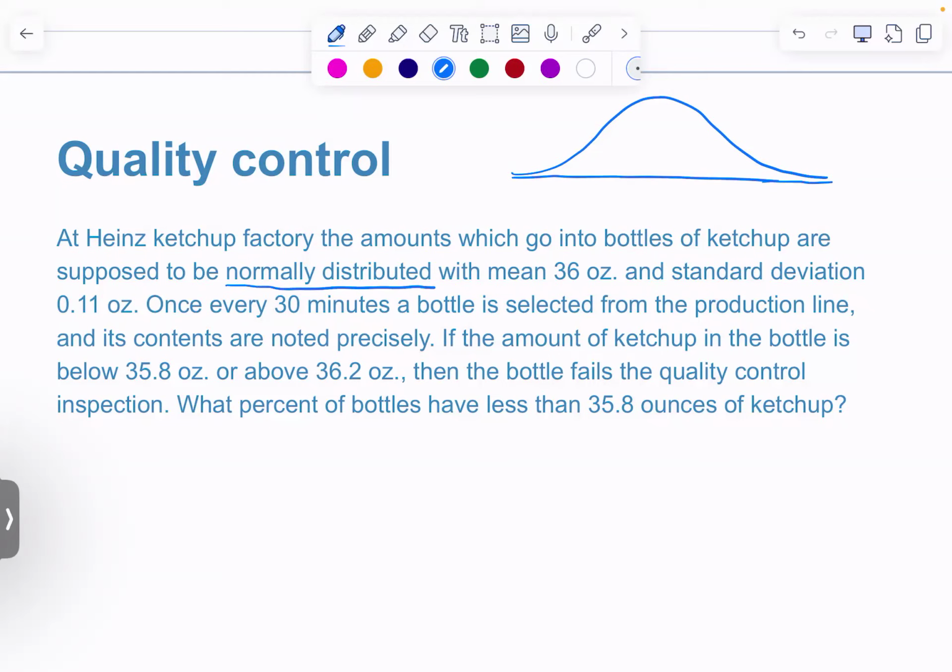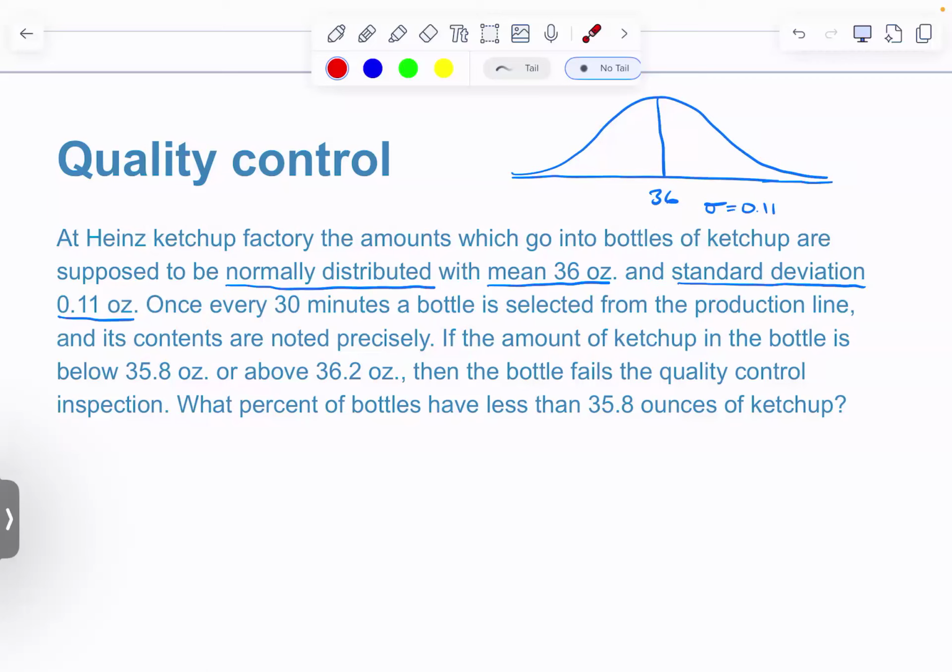With a mean of 36 ounces, that gives me the center, and a standard deviation of 0.11. Like we established last day, there's no natural spot to put your standard deviation or your sigma. We just need it for our calculation. So I like to sneak it somewhere below the mean, just make a note of it.